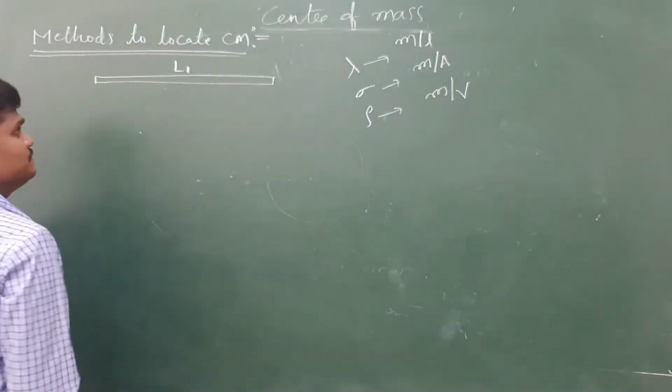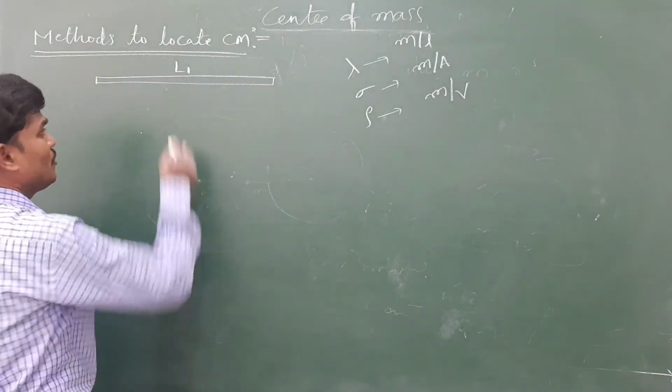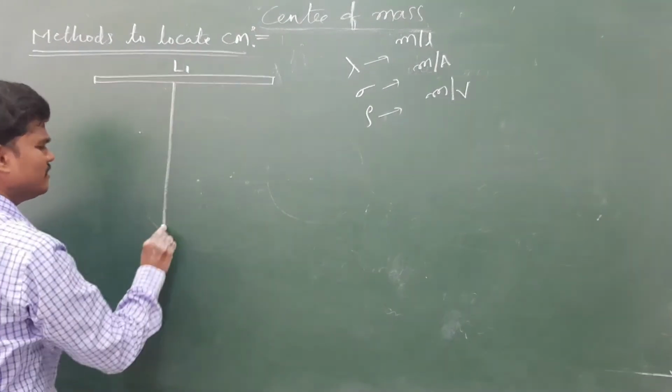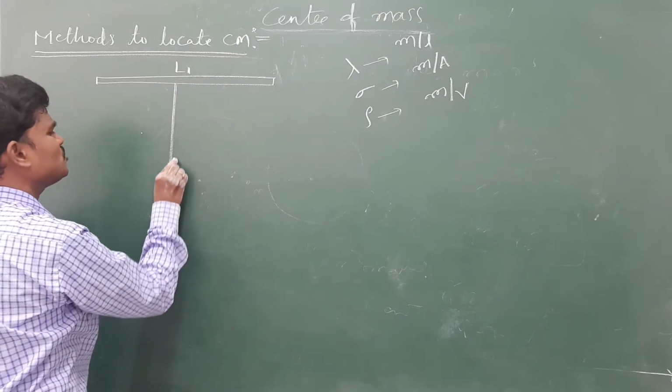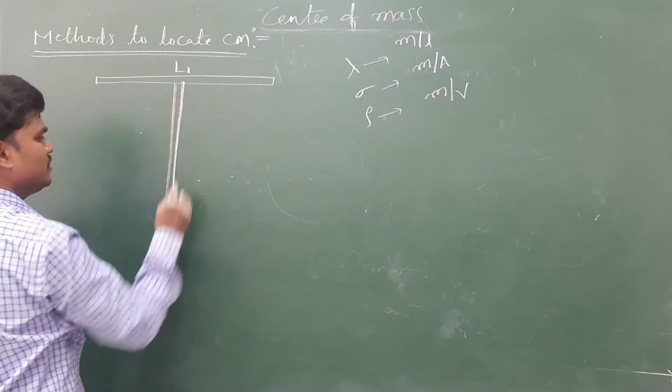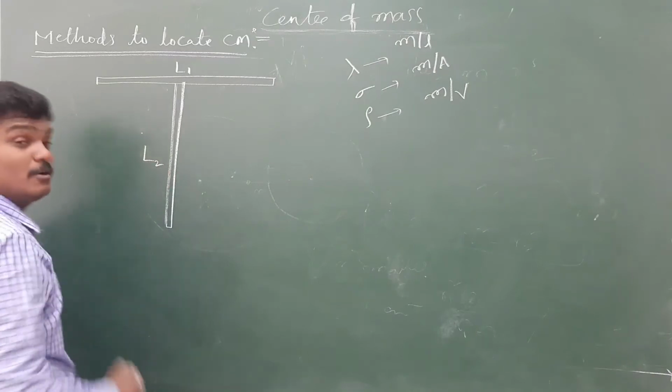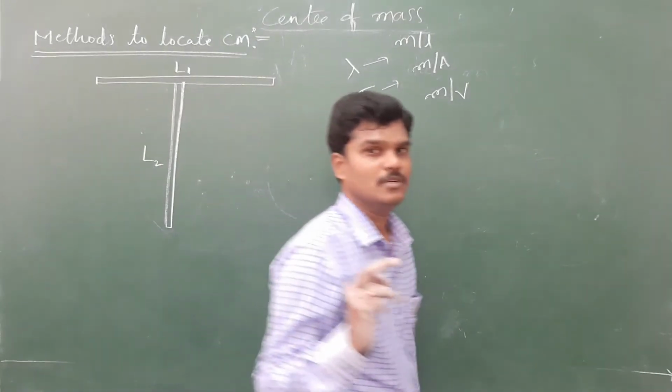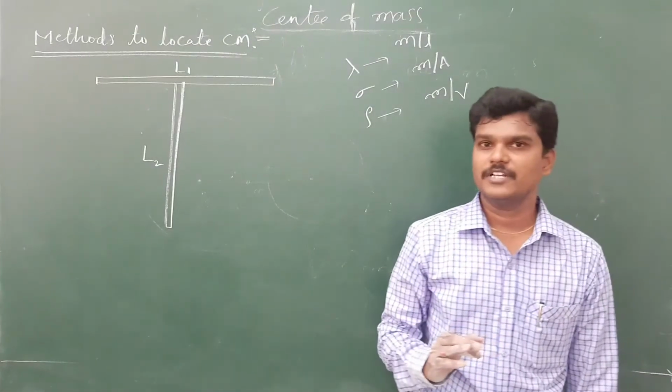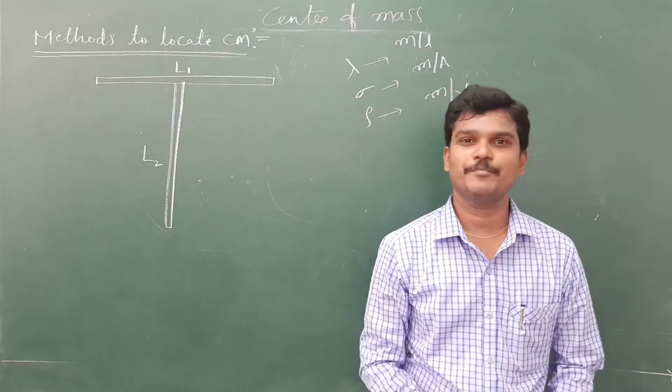Here L1 is the length of a rod, and one more rod is joined so that the arrangement looks like a T shape. So consider two rods, L1 and L2 are the lengths of the rods. They are joined to form a T-shaped object.